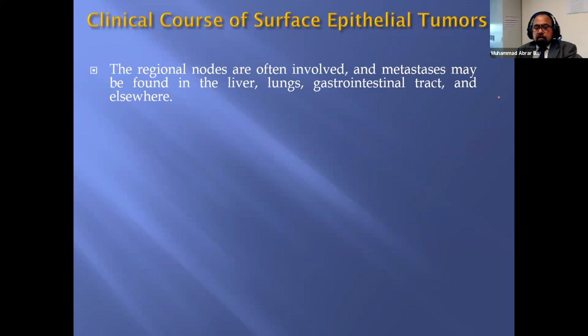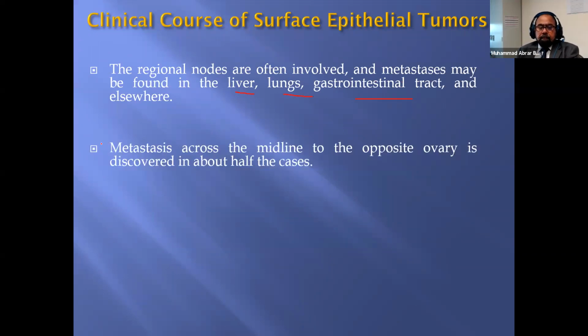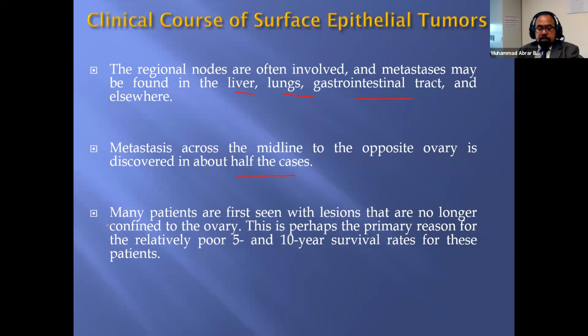The regional lymph nodes are also enlarged secondarily, and metastasis will be found in the liver, lung, gastrointestinal tract, and elsewhere where it can go. So metastasis across the midline and involving the other ovary is seen in half of the cases. So many patients when first seen have a lesion no longer confined to the ovary.